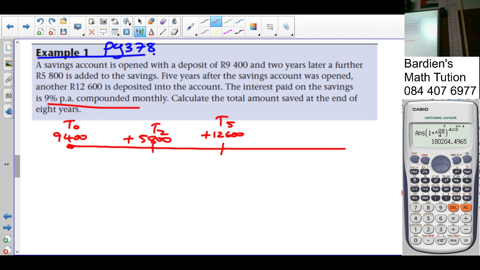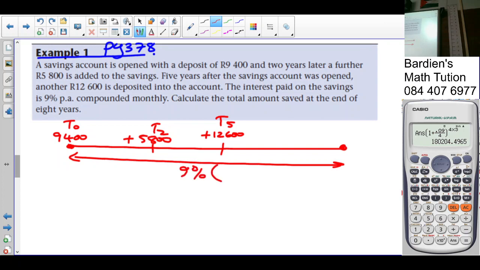Otherwise, if there's a change or a variation on your interest, they will tell you for 2 years or 5 years or whatever. You guys understand? So for the whole time period, it's going to be 9%. So fill that into the timeline. So that will be from start to end. It's 9% per annum compounded monthly.